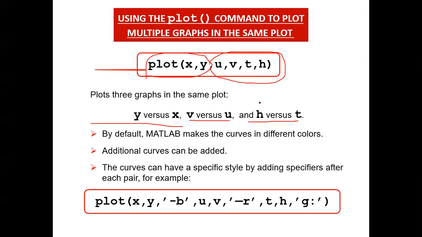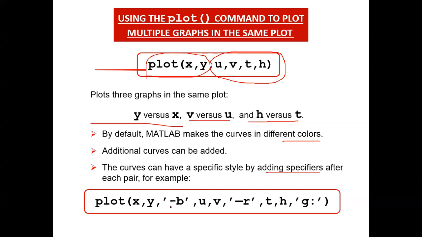By default, MATLAB makes curves in different colors. But if you want an additional curve, it can be added. The curve can also have a specific style. That style we add by specifying specifiers after each pair.